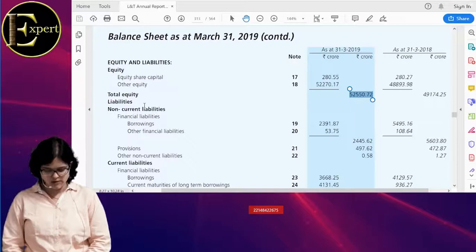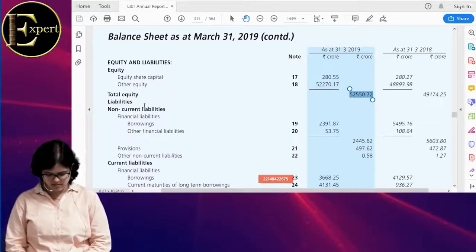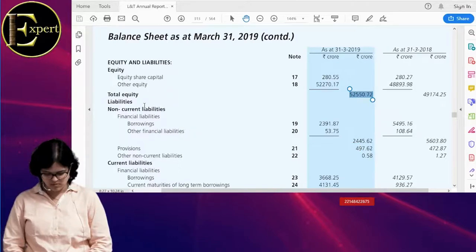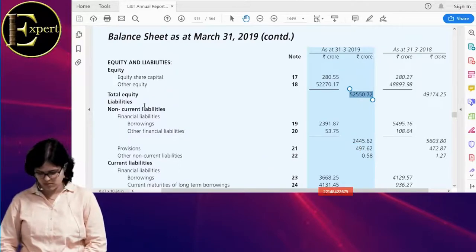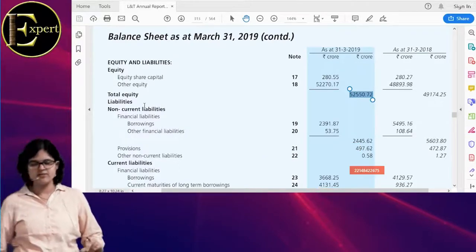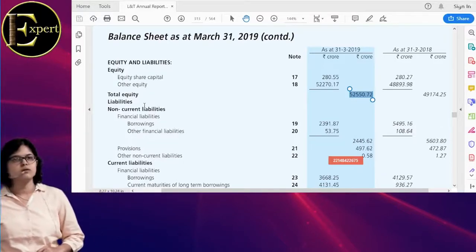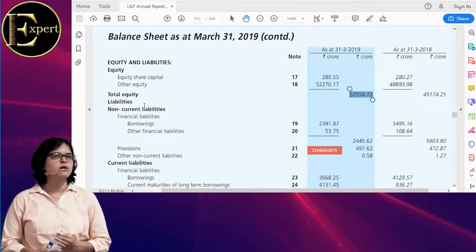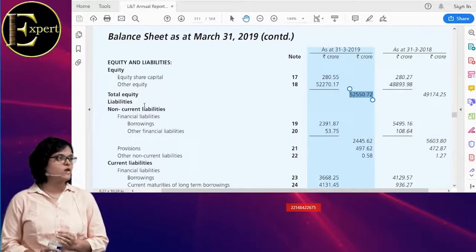Write down. If loan funds are excessively higher as compared to what? Own funds in brackets. Own funds means what?